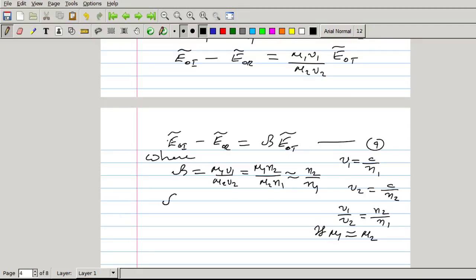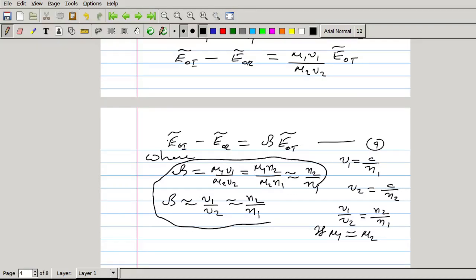So we can write beta approximately equal to v1 by v2, which is approximately equal to n2 by n1. I will take this as equation number 10.